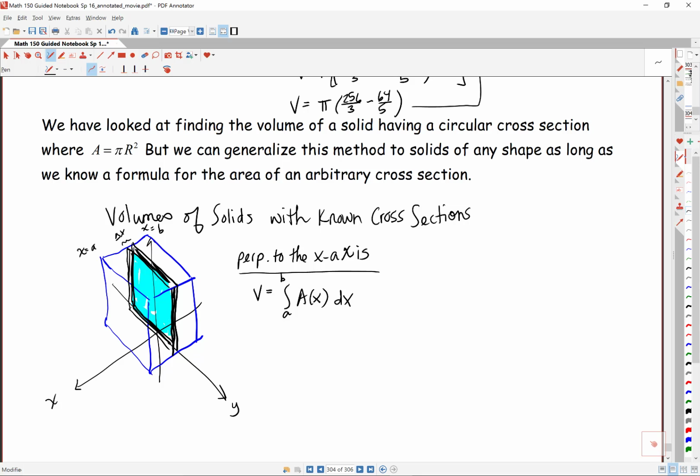If you go perpendicular to the y-axis, your formula will change. You'll have the volume is the integral from c to d of your area in terms of y with respect to y. Okay?